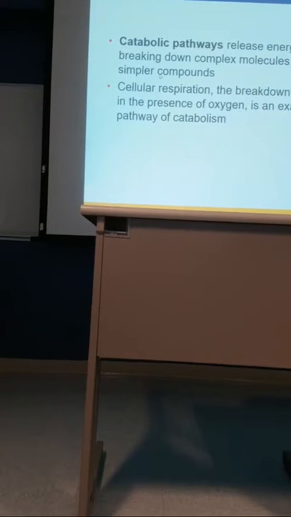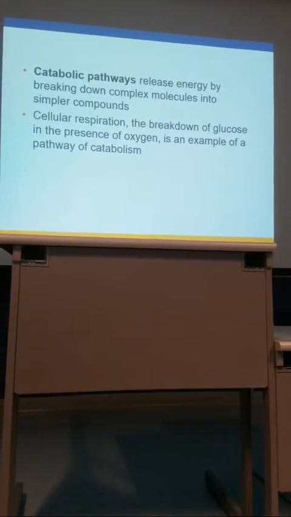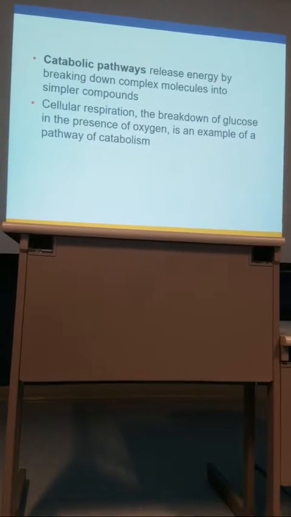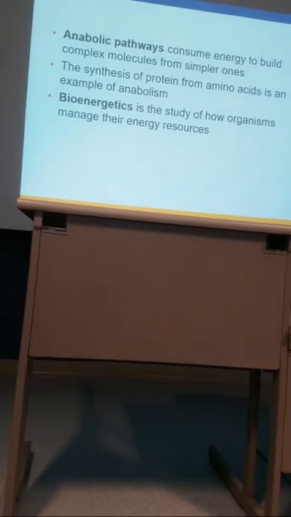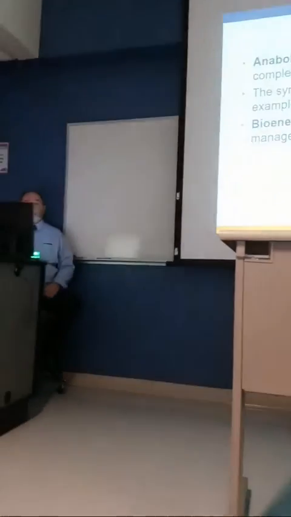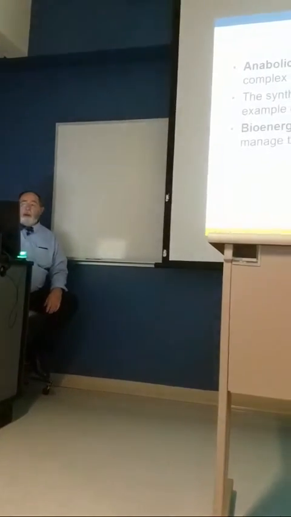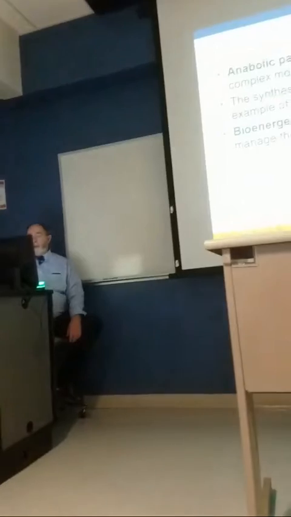Cellular respiration is an example of a catabolic pathway. Photosynthesis would be an example of an anabolic pathway. Anabolic pathways make things, catabolic pathways break them down. Catabolic gives off energy, anabolic uses energy.